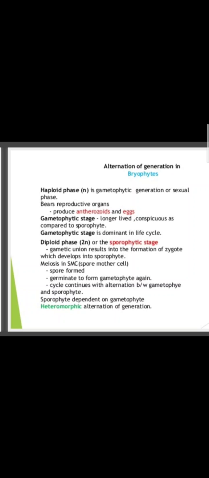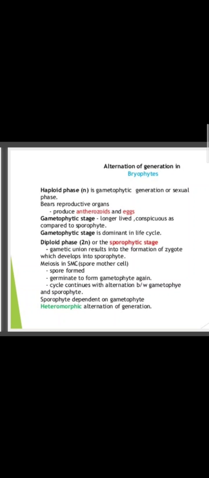Okay. Now, the gametophytic stage is longer lived as compared to the sporophytic, and the gametophytic stage is dominant in the life cycle. So these 3 to 4 points represent the gametophytic plant body. It is the haploid phase, or it can be represented as the sexual phase.